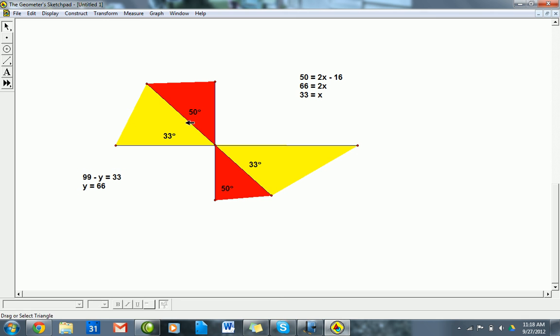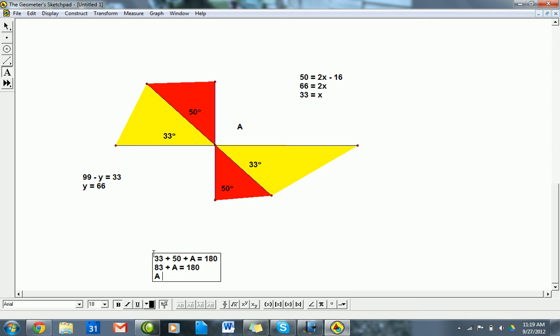And now I can get the remaining white angles, which are both equal. They're also vertical angles, but 33, 50, and this remaining angle, I'll call it capital A, are all 180 degrees. All right. So 33 plus 50 plus whatever that remaining angle is, all add up to be 180 degrees. That's 83 plus A equals 180.